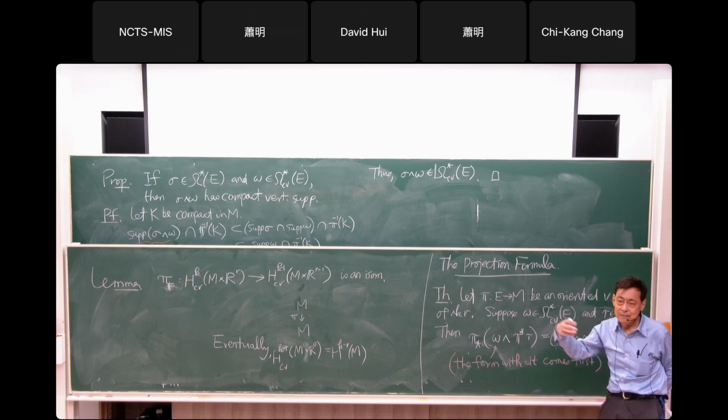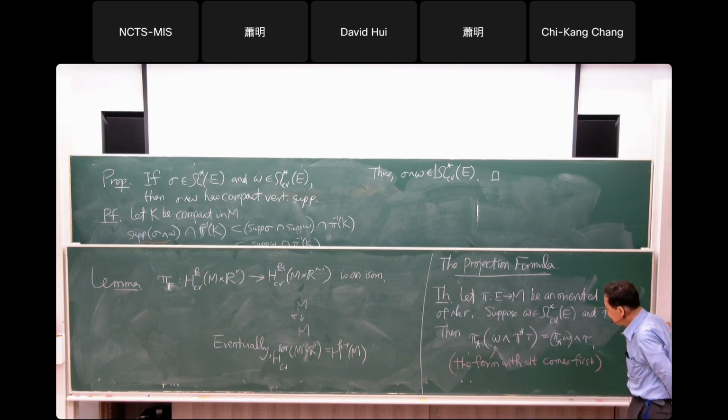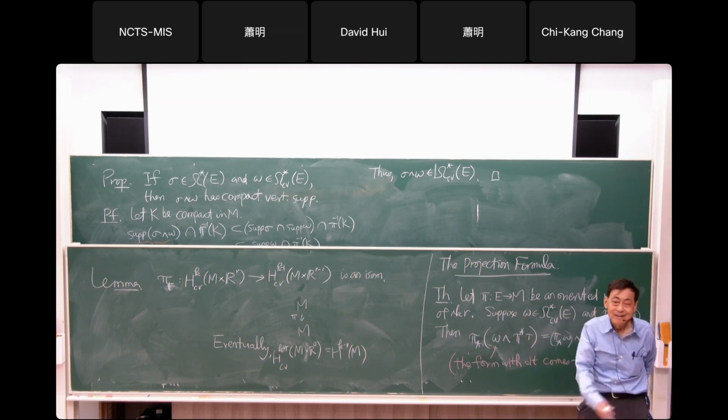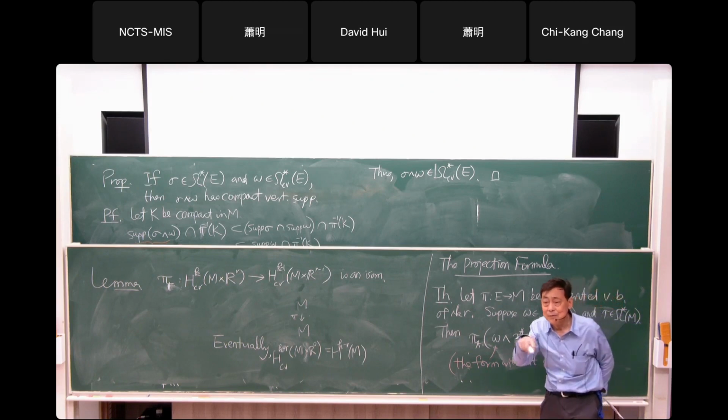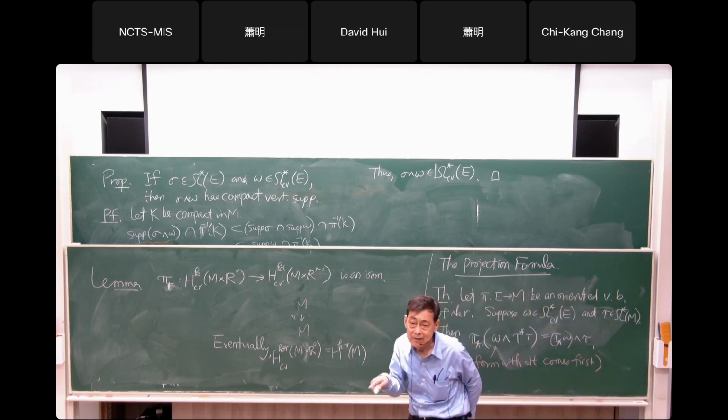Like if I give you any two forms and I say, show that they're equal, the first step, you simplify it to what case? Two forms are equal if and only if they are equal at every point.